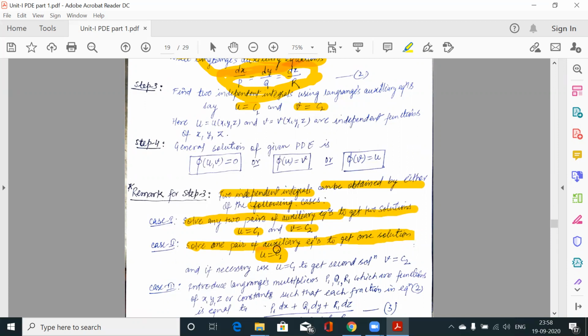So what we can do is use this first solution. Once we have this integration u is equal to c1, from this solution we can get some values of x, y, z to substitute in the other possibility. So u is equal to c1 can be used to get another solution.